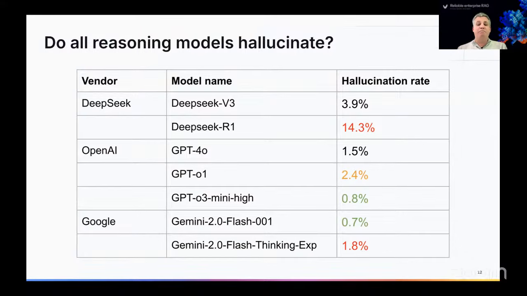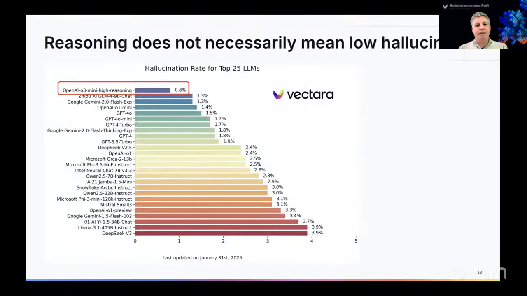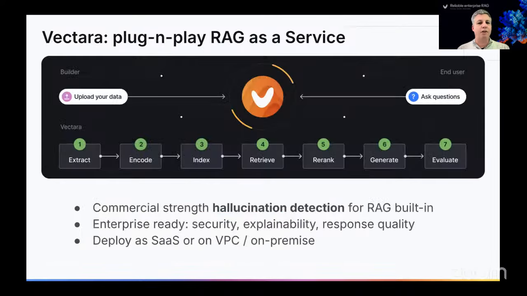But at this point, it is kind of high. Here you can see the reasoning model from OpenAI. So reasoning does not necessarily mean that you have high hallucination. You just have to care about it when you train your model and make sure that it doesn't happen this way. All right, so that's my slide.